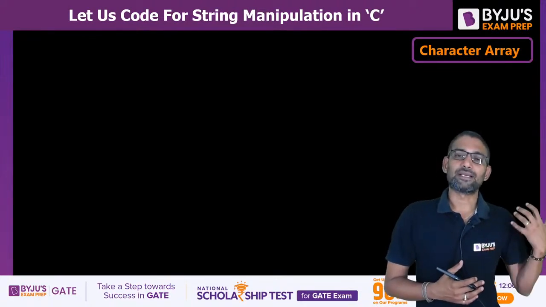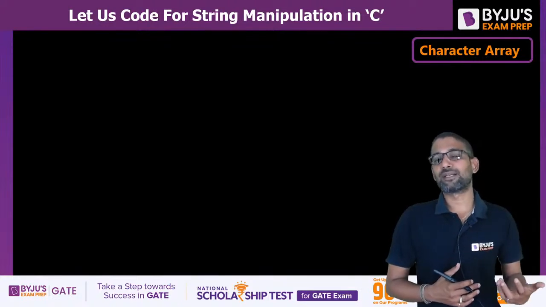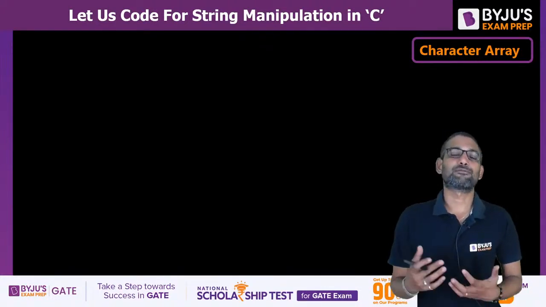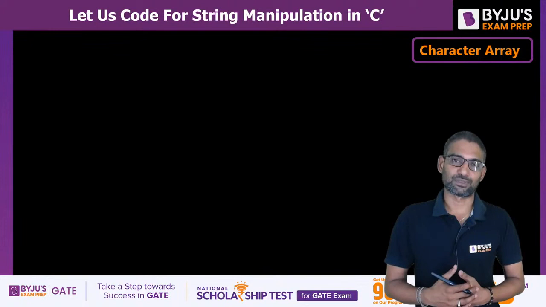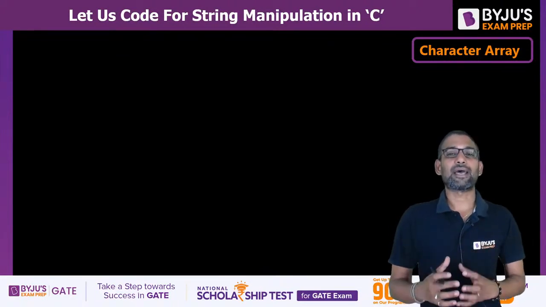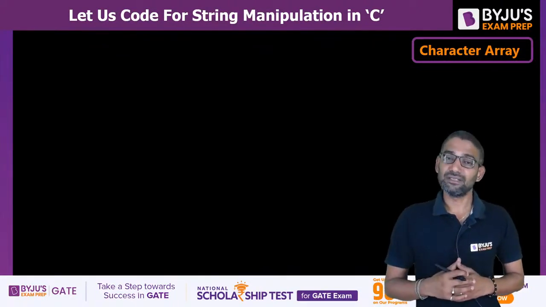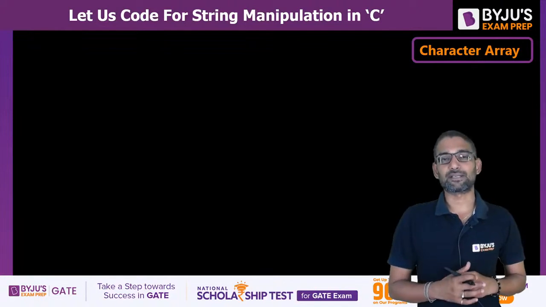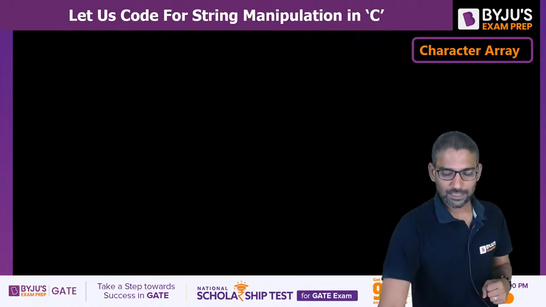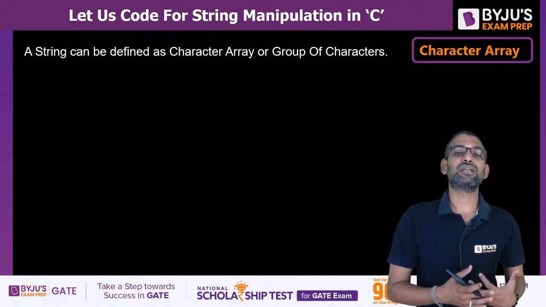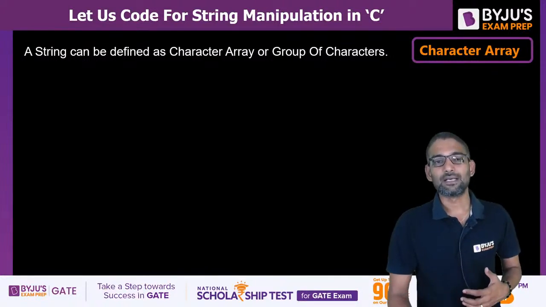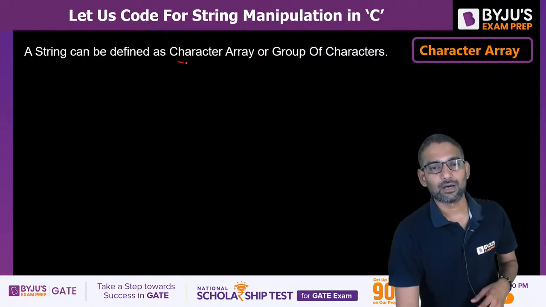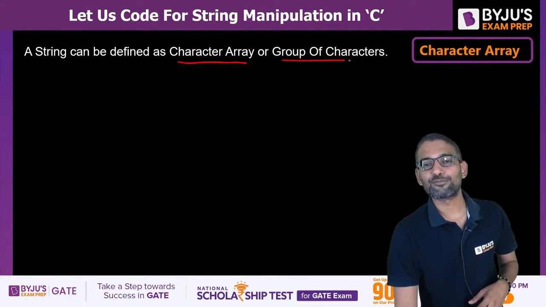So, like integer array, like float array, like double array, we have character array possibility. Such character array means group of characters we can call as what? String. So a string can be defined as character array or group of characters.